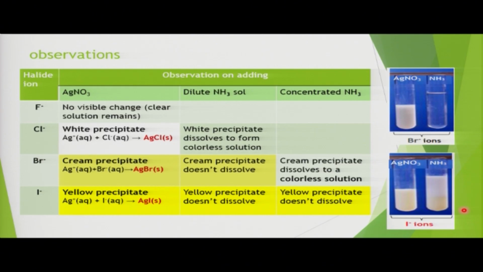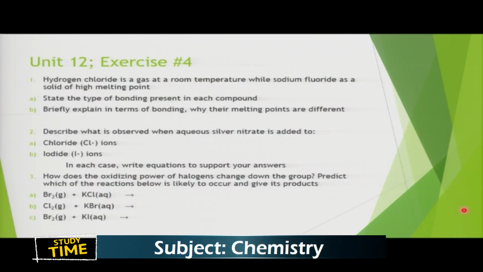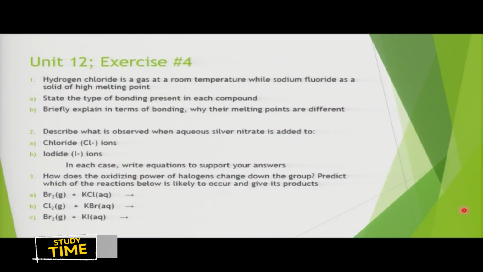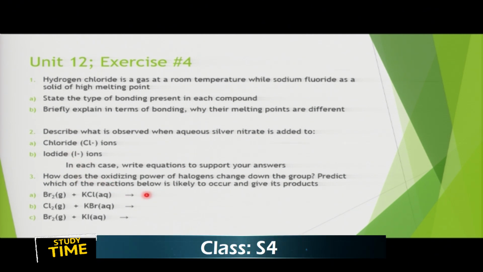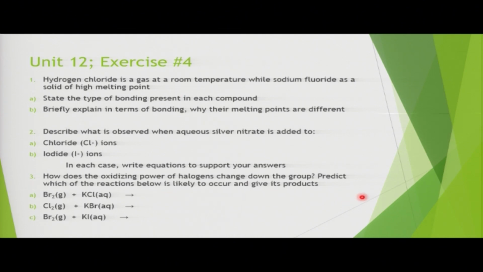I can't leave without giving you a wider exercise to test your understanding. I will start highlighting with the number 3, 2, and 1. So this number 3 tests your level of understanding and the application of knowledge.